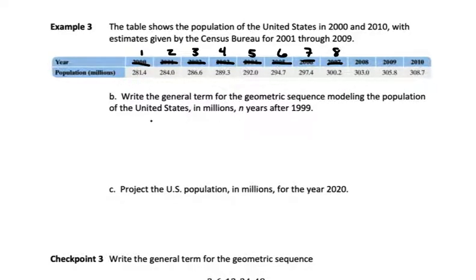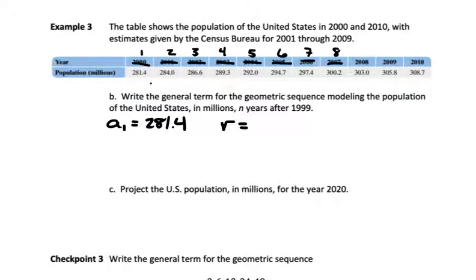So for my general term, I need 2 things. I need the first term A1, and I need the common ratio R. A1 is easy. My first term here is 281.4. To get R, if they're giving me these sequence values, which is really what this is here, what I do is I divide two consecutive sequence values.